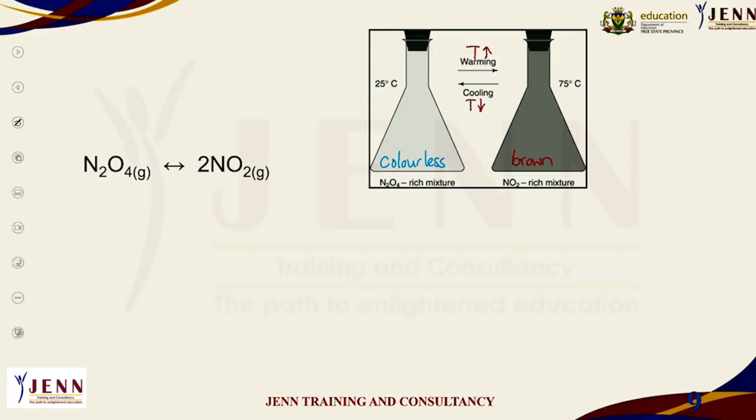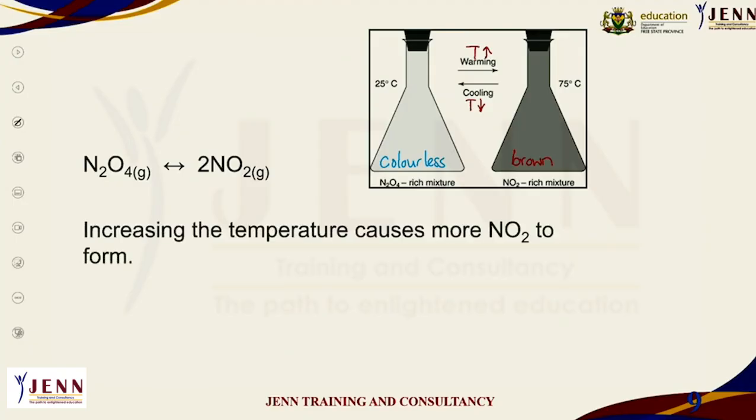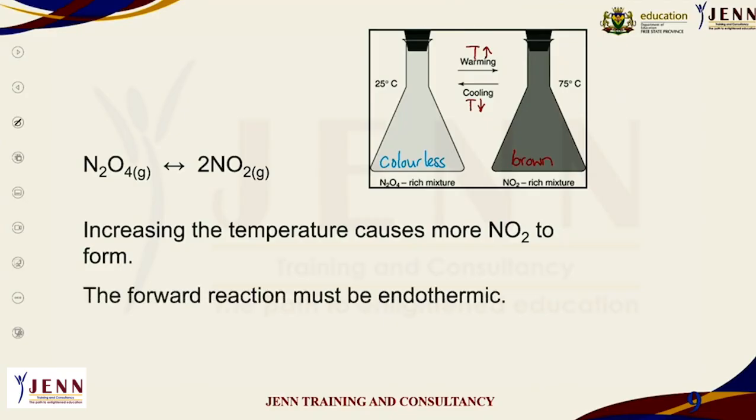So when I'm warming it, I'm favoring the forward reaction. Now you must know, according to Le Chatelier, if I've increased the temperature, then I favor the endothermic reaction. So an increase in the temperature causes more NO2 to be formed. The forward reaction must then be endothermic. So if I write here for the reaction, my delta H will then be bigger than 0.